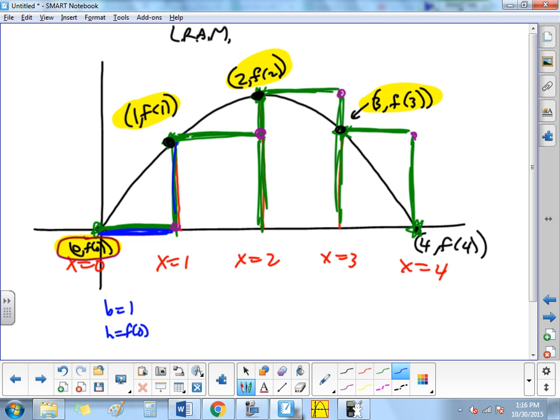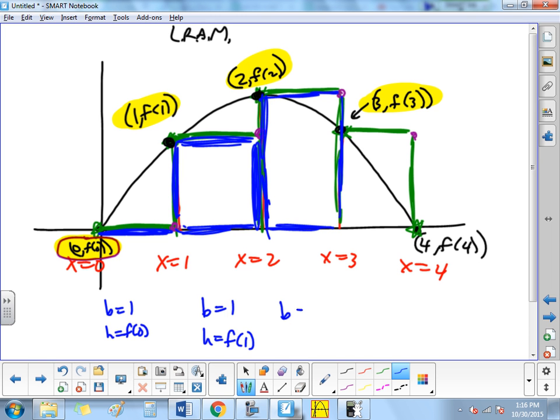The second rectangle also has a base of 1, but it has a height of f of 1. And the third point, you can see the pattern here. The third rectangle has a base of 1, but it has a height f of 2, you see. And the fourth rectangle has a base of 1 and a height f of 3.